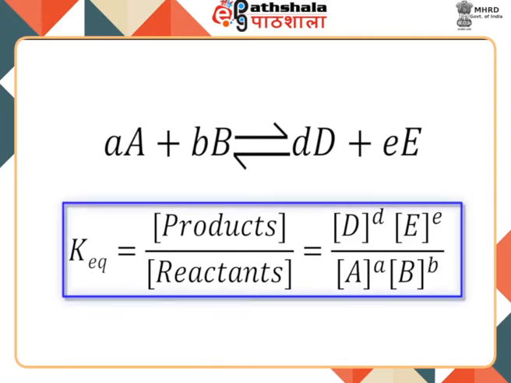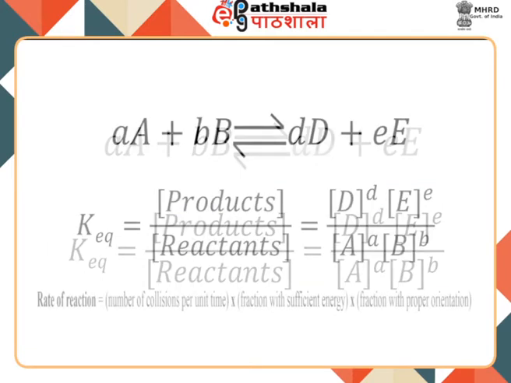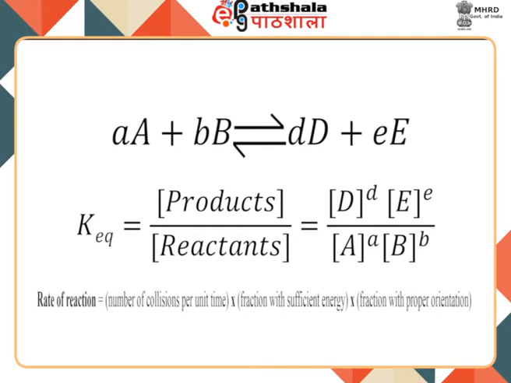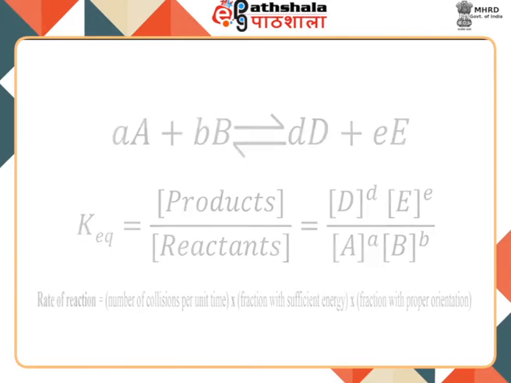So, K equilibrium is equal to the product of concentrations of D and E, each raised to the power of its stoichiometric coefficient, divided by the concentrations of A and B, both raised to their stoichiometric coefficients. So, the rate of reaction will be equal to the number of collisions per unit time multiplied by the fraction with sufficient energy multiplied by the fraction with proper orientation.